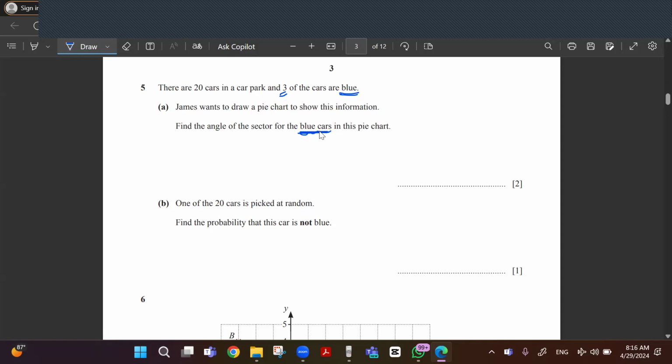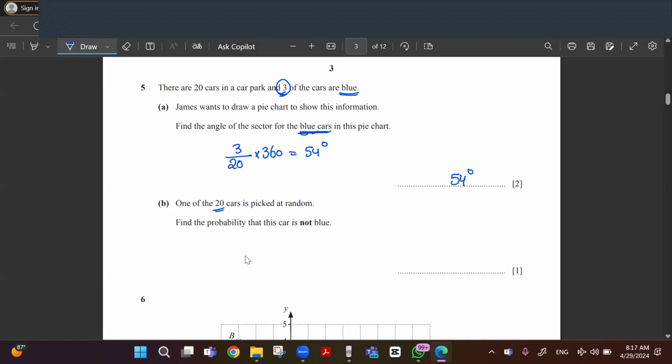The angle of the blue cars. So 3 over the total, which is 20. Multiply by 360 equals 54 degrees. So the answer will be what? 54 degrees.